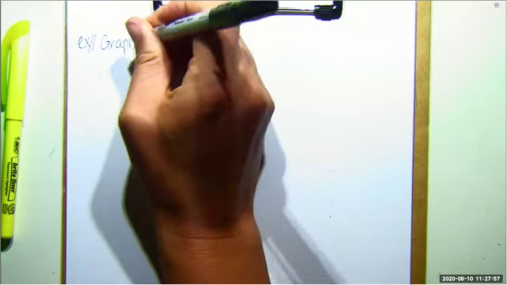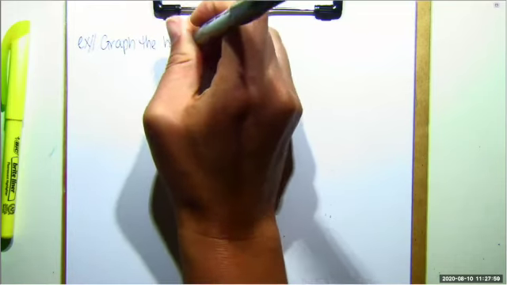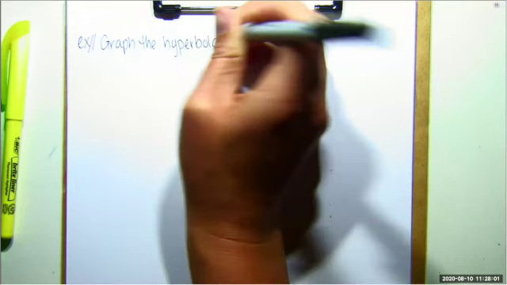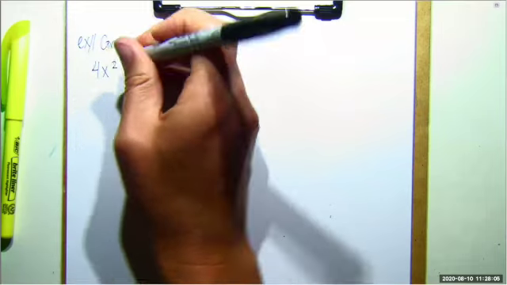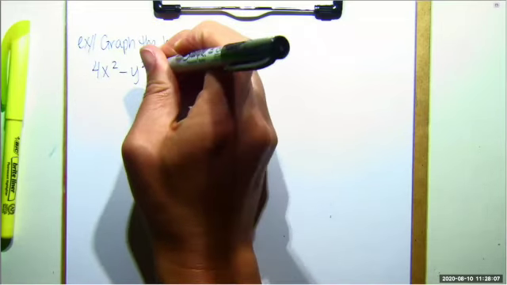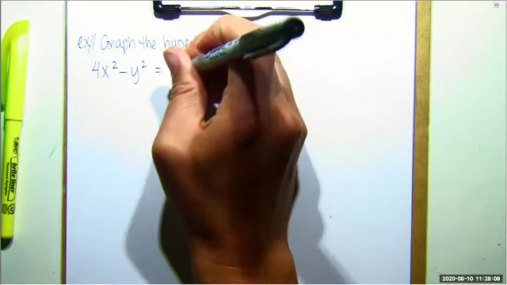So let's graph the hyperbola 4x squared minus y squared is equal to 144.